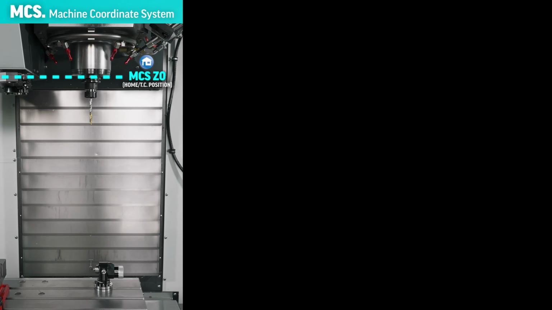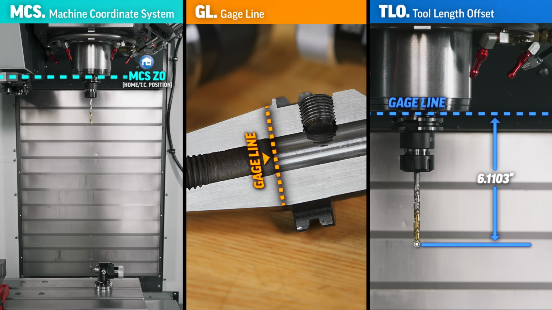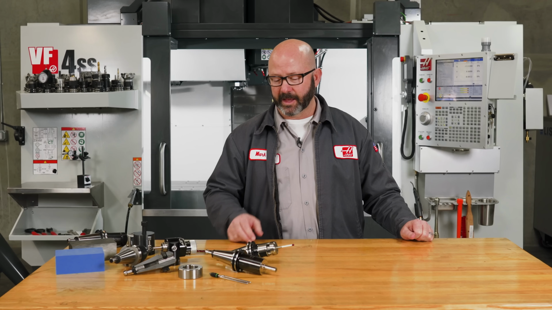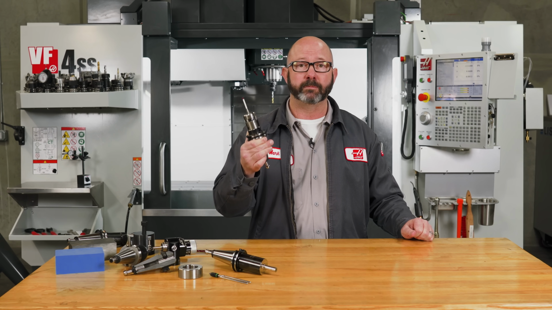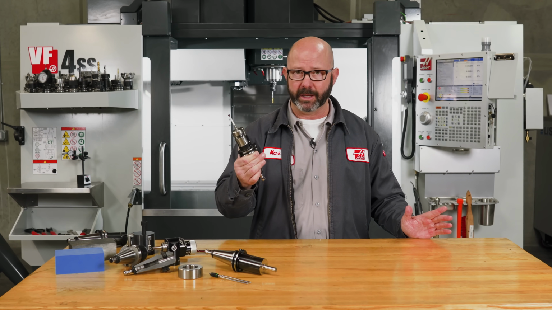Now, once we understand our machine coordinate system and the whole concept of gauge lines, moving on to setting our work coordinate system, our WCS, is an easy lift. This guy right here is our work probe. It's our optical machine probe, or OMP.